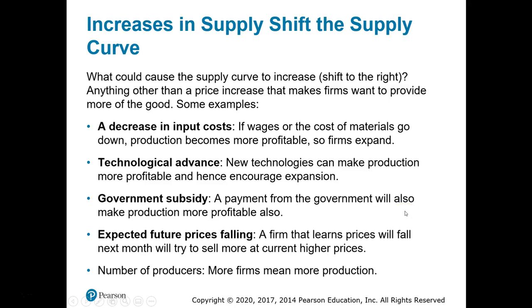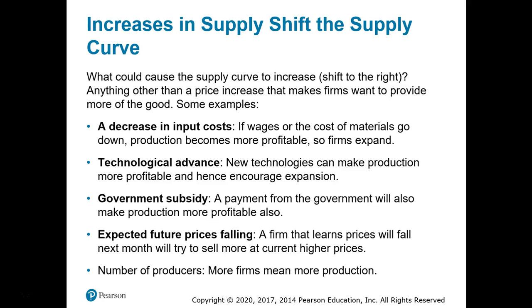These are some of the reasons what could cause the supply curve to increase or shift to the right. Another thing, anything other than a price increase makes firms want to provide more of a good. So, let's say wages drop. That means that technically my costs drop. I can produce more now.